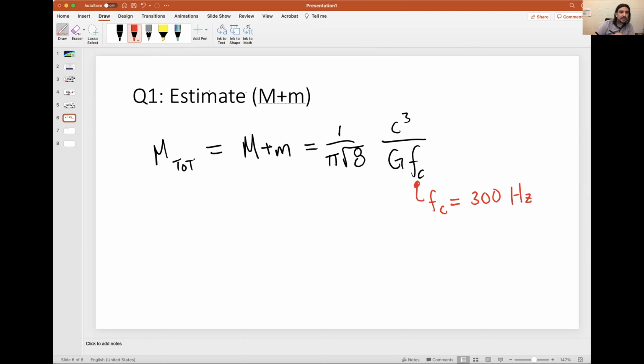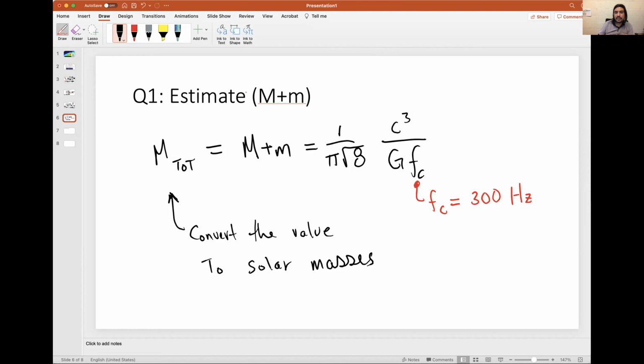This is something I want you to do: whatever mass you get, convert it to solar masses.